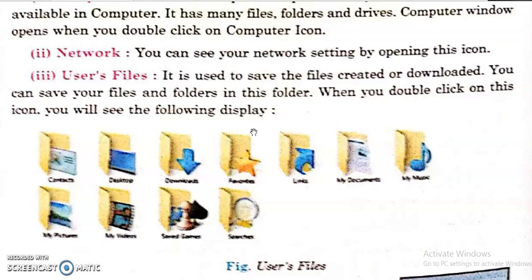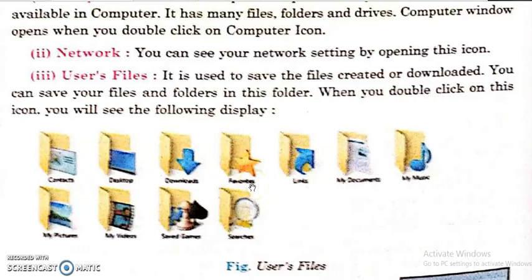We get this icon, and inside this folder we can see the contacts of a user, the desktop area of a user, the desktop settings and customization done by the user, then downloads, then favorites.